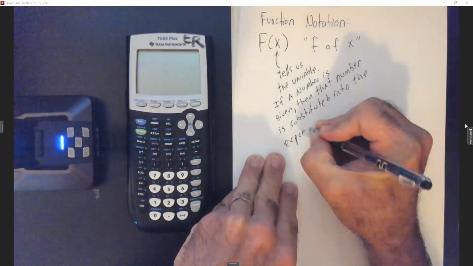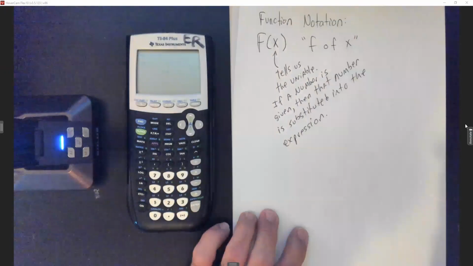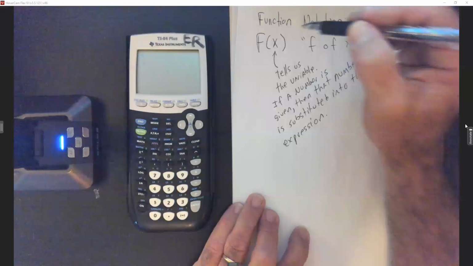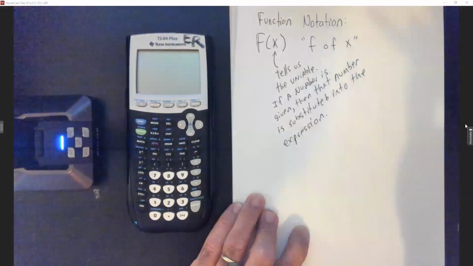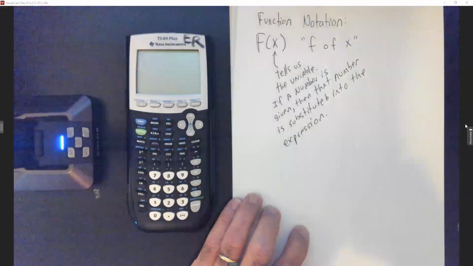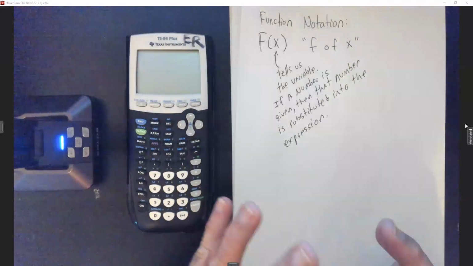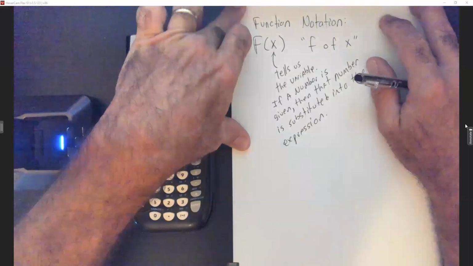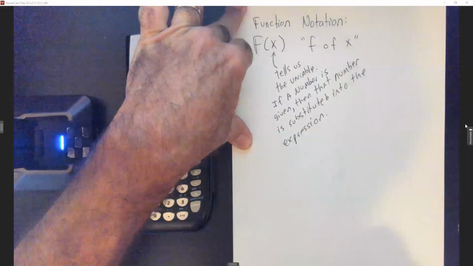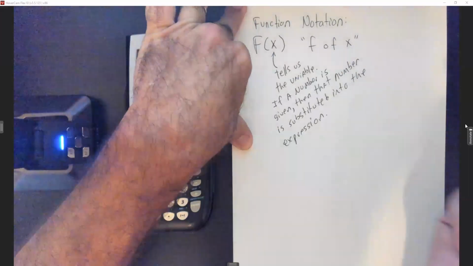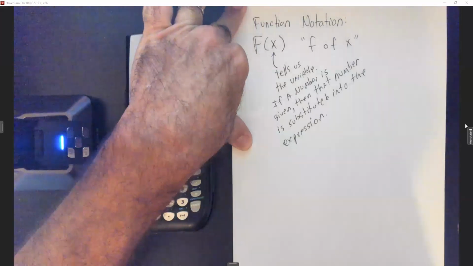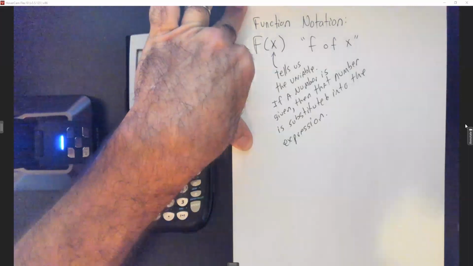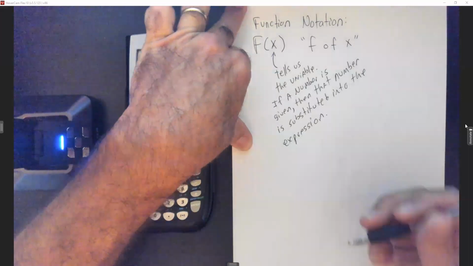So it tells me the variable, and if I got a number there, it tells me what number I'm going to be putting into that variable. Now, the f of x is just symbolism. It's not part of the equation. We just use it for shorthand. Instead of saying, hey, what's the value of this expression when you put a 5 in for the x, I can say, find me f of 5, and that lets you know I wanted you to put a 5 in for those x's. So really, this is just symbolism.